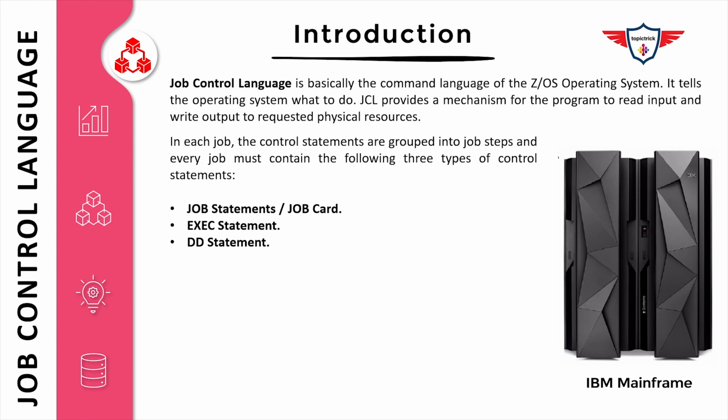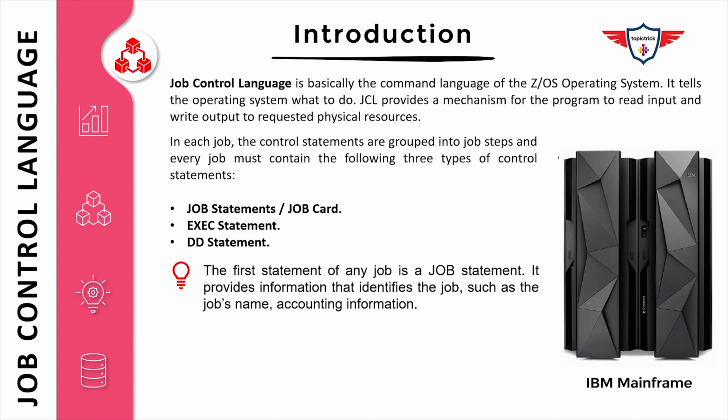In JCL, the job control statements are grouped into job steps, and every job must contain the following three types of control statements. First one is the job statement or a job card. Second one is the execute statement or an EXEC statement. And the third one is the data definition statement or DD statement.